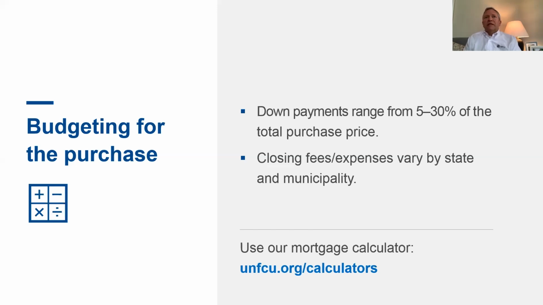So if you're taking out a $500,000 mortgage, you could have $25,000 easily in closing fees. So you might be looking at $100,000 in down payment and $25,000 in closing fees. So you really need to plan ahead.